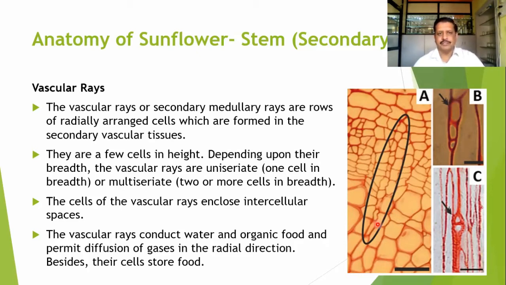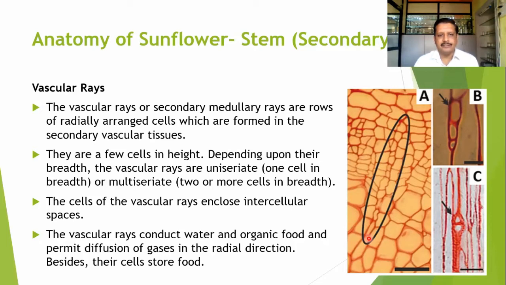There are a few cells in height depending upon their breadth. The vascular rays are mostly uniseriate. They are seen here in only a single row. Medullary rays are normally single-row structures, mostly uniseriate, or sometimes we find multiseriate. In the last lecture, we discussed the multiseriate type of rays.